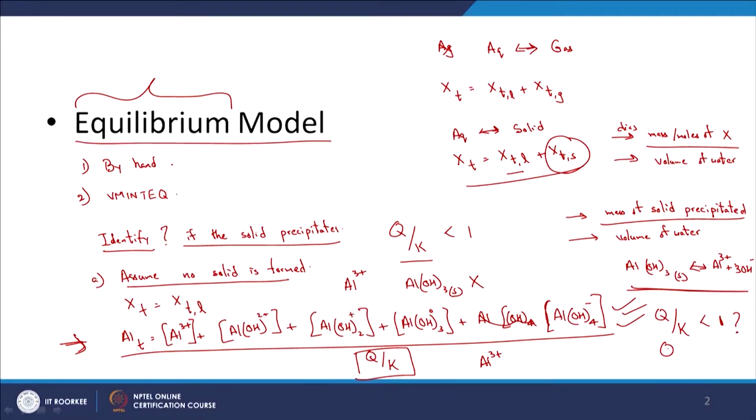But if you calculate that Q by K is greater than 1, what does that mean? That means the solution is saturated, and most probably your solid can be formed or will be formed, and thus I am going to have to solve for a different case. So again, let us list them out here.